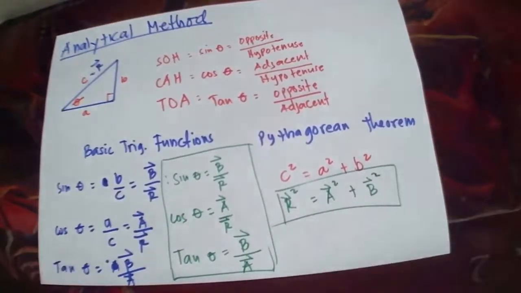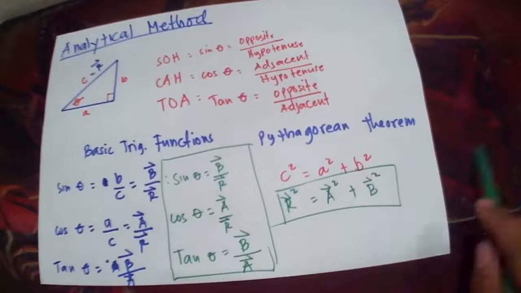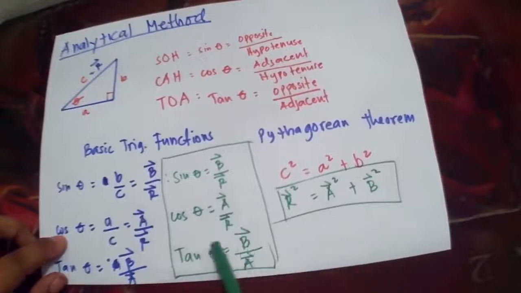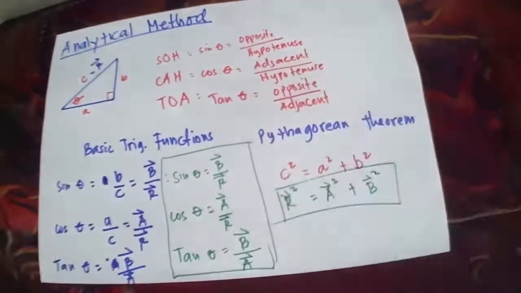So if vector A and vector B are given and we're asked to find the resultant vector, we can directly use this. Otherwise, we will use one of the other formulas we have here.